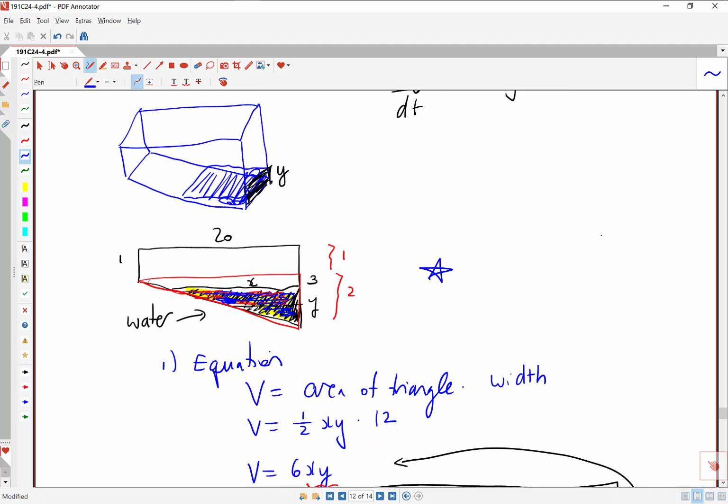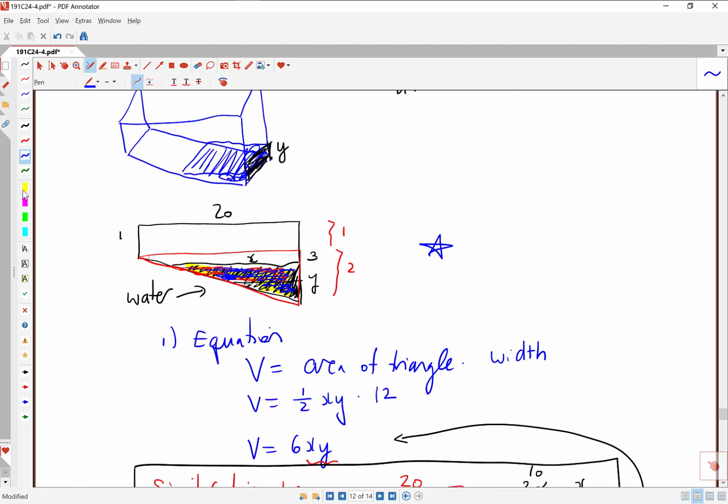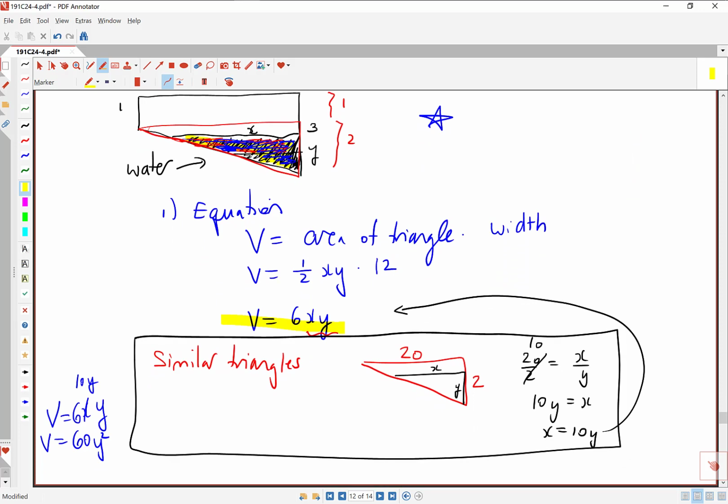That allowed us to find the volume of the water in the pool in terms of x and y. And then we used similar triangles, so we did our similar triangle reasoning in this box, and then we plugged into that volume to figure out that volume is equal to 60y squared. So that is the hard part of the problem done, and then we've got 2 more quite quick steps to finish off the problem.